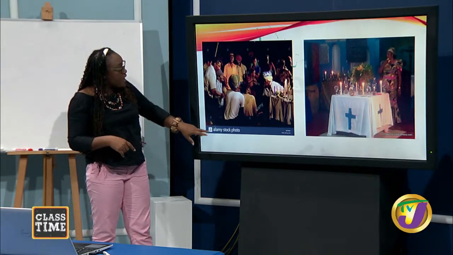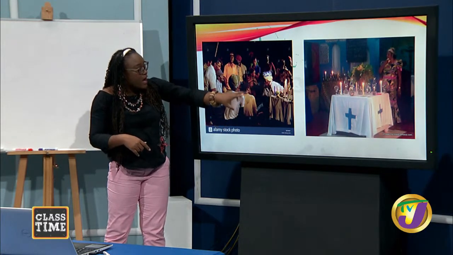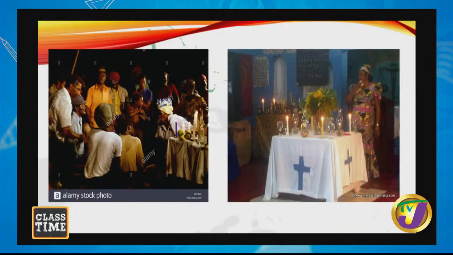All right, so here we have scenes of Kumina and revival. Notice the symbolism there in the revival picture. And we also have scenes of Orisha here from Trinidad, an Orisha ceremony, and also Rastafari right there.